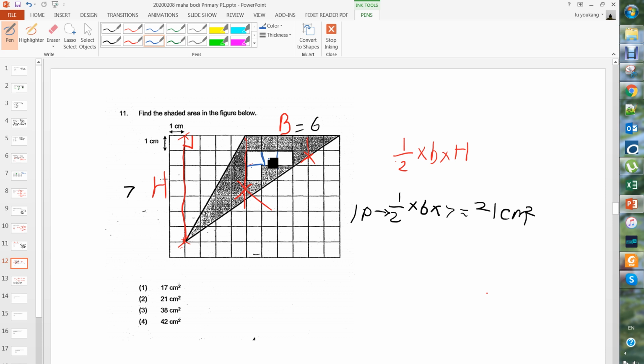Okay, go. 1. Then I asked you to count only. Quick. 1, 2, 3, 4. How many squares? 4. Okay, so the hole is 4 for what?